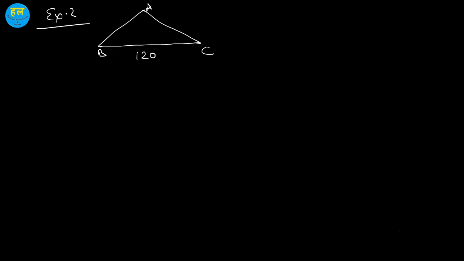So let us take this one as 120, this one as 50, and this one as 80. A gardener named Dhania has put a fence all around it. So Dhania has put a fence all around the park.